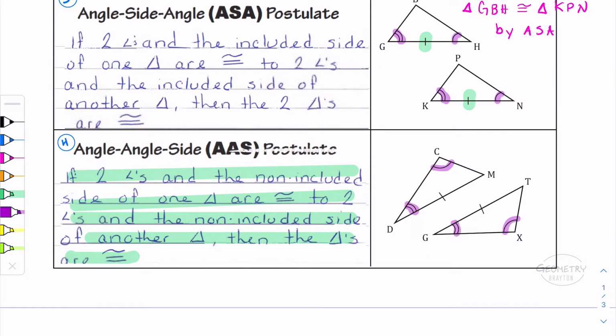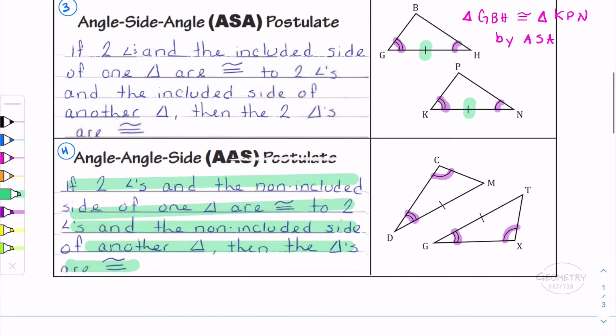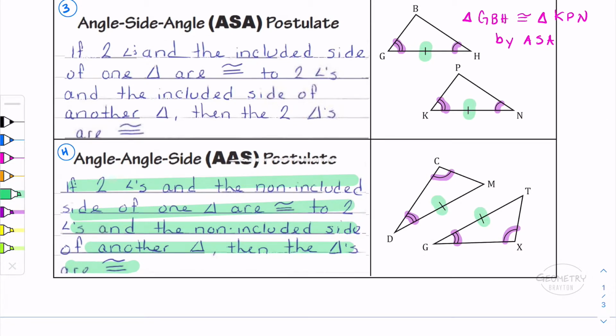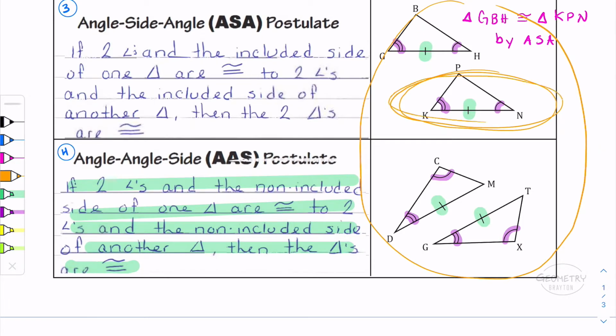We have our second angle, and then this side is not between those angles. So compare these 2 diagrams. In this diagram, the side is between the angles. You have an angle, a side, an angle. In this diagram, you have 2 angles and a non-included side.